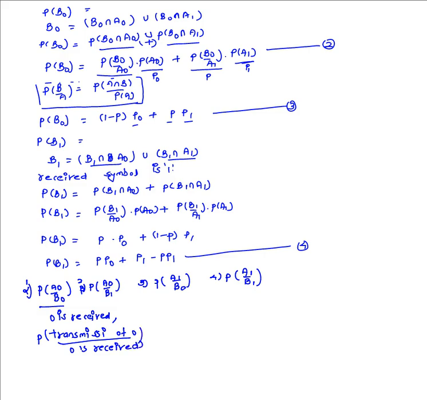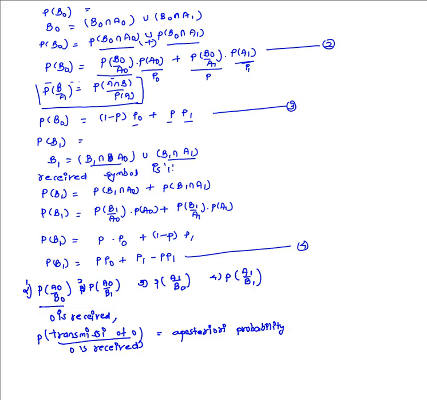Such a probability is called a posteriori probability. This is the term used for such probabilities.